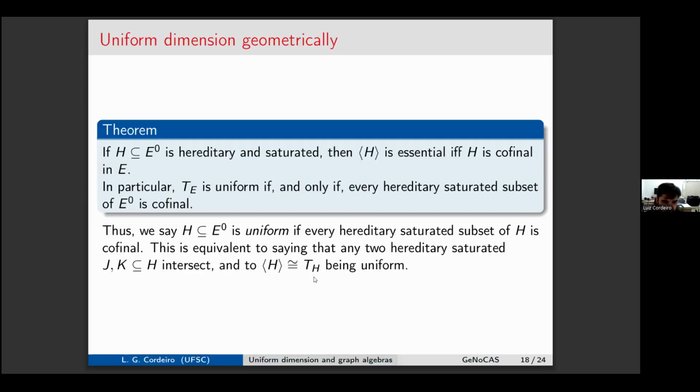And then from those considerations, since we can classify the uniform ideals of the talented monoid geometrically, and also the essential ones, this theorem is somewhat funny because it does both at the same time.